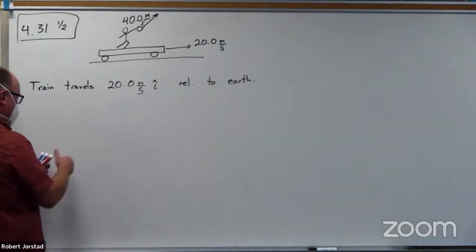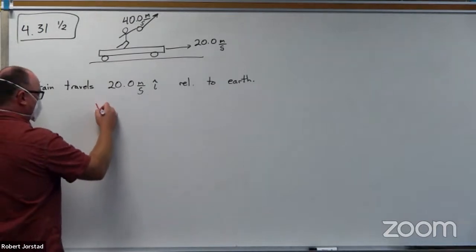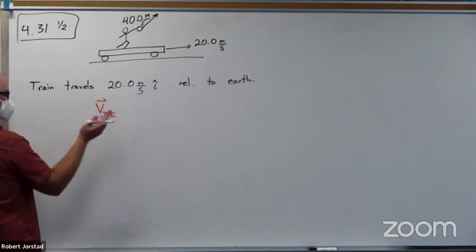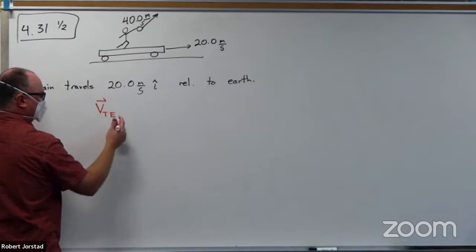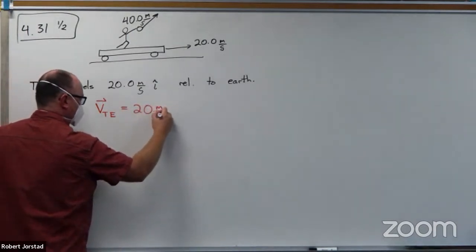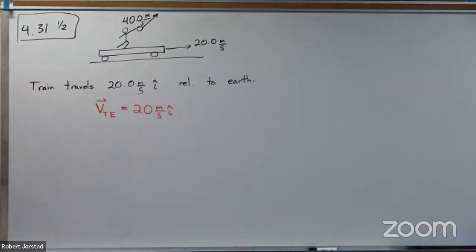To the right is I hat. This part is pretty easy: velocity of the train relative to the Earth. Capitalization doesn't matter, uppercase, lowercase, whatever. Is everybody okay that we know the velocity of the train relative to the Earth?